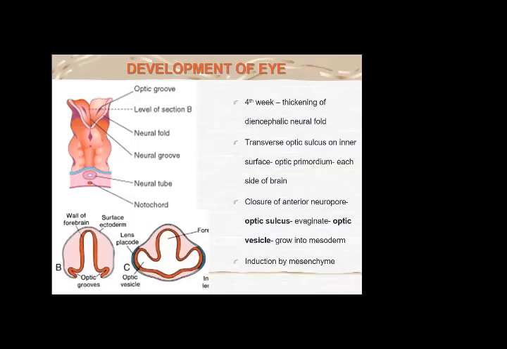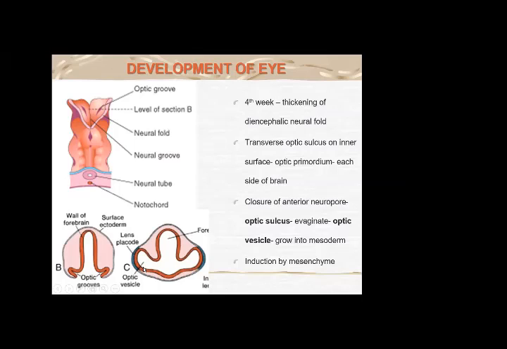This evagination produces a structure like this, in which the distal end is expanded, but the proximal end is narrowed.